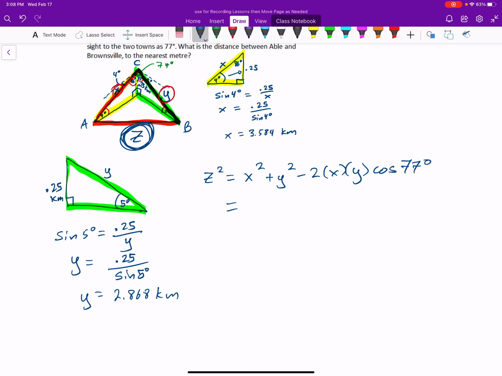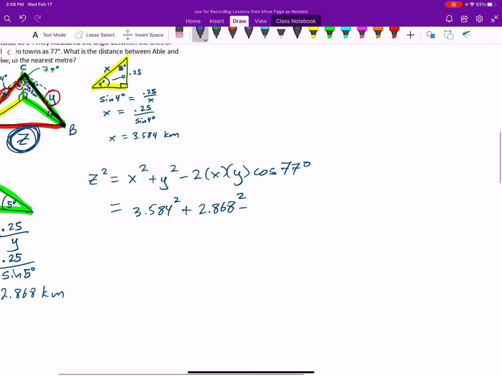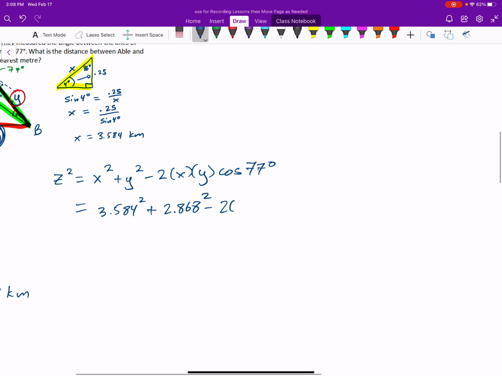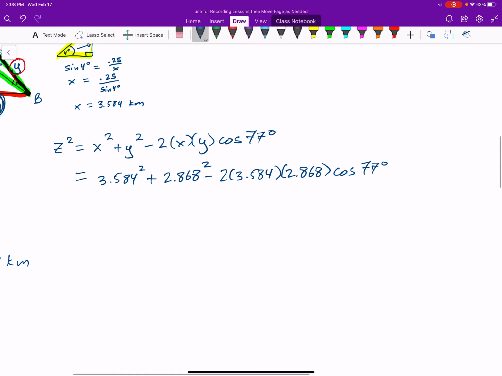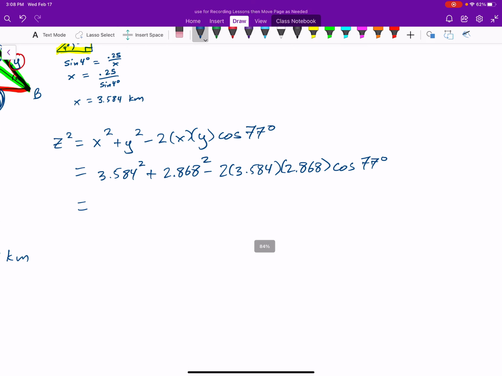Let's fill in the blanks. So x was 3.584 squared plus 2.868, that was y squared, minus 2 times 3.584 times 2.868. Again, I'm trying to keep my decimal places for as long as possible, at least enough of them, and I'll round at the end.